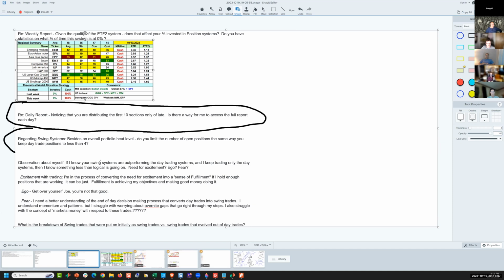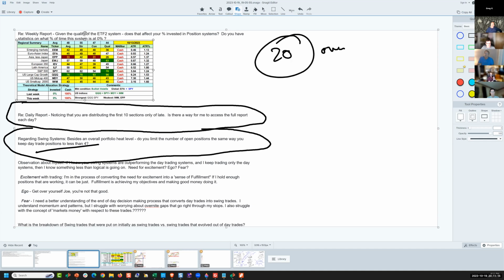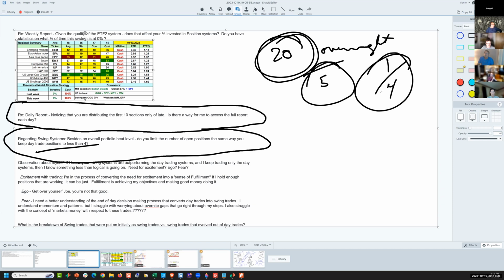Regarding the swing systems, what's the open positions, the same way I day trade, to less than 4? For me, 20 overnight is the absolute max. I feel comfortable with 5 out of 20 because I have about a quarter loaded.